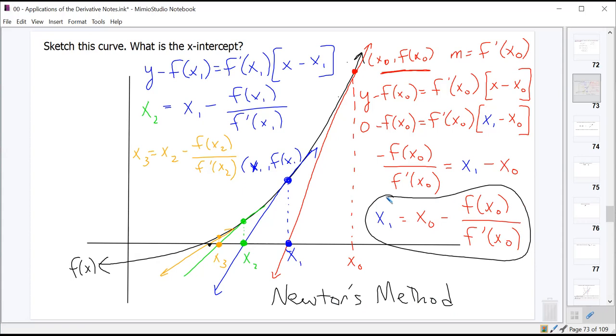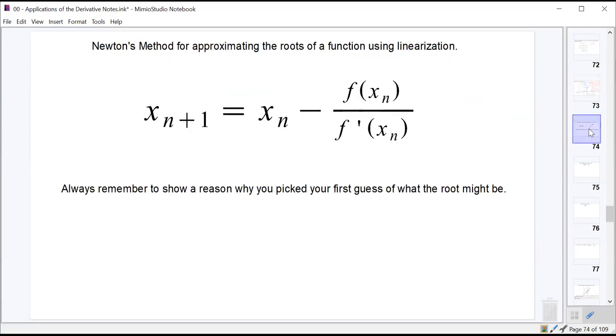That the next x-intercept guess is equal to the previous x-intercept guess minus the function at that x-intercept divided by the derivative of the function at that x-intercept. So in generic terms, that's going to look like this. x sub n plus 1 equals x sub n minus f of x sub n over f prime of x sub n. And this is Newton's method for approximating roots. It uses linearization to do so.